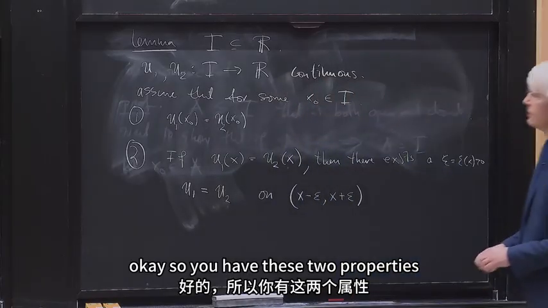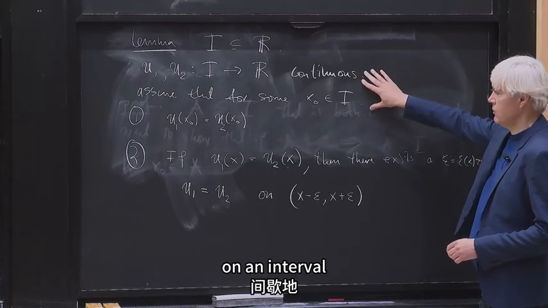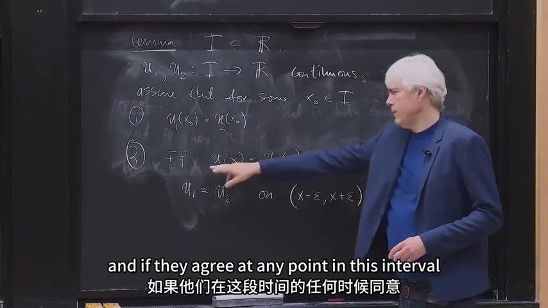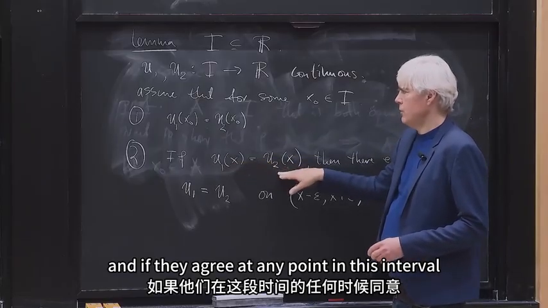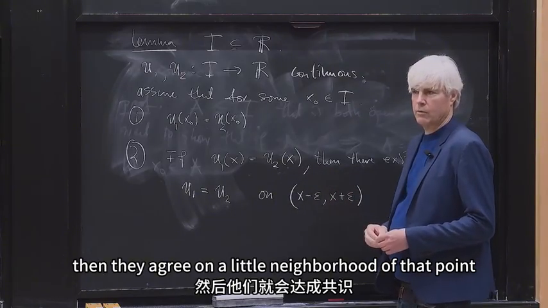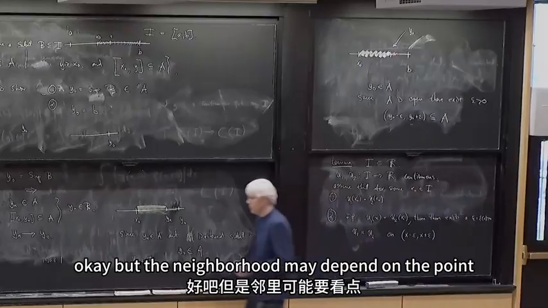So you have two continuous functions on an interval. They agree at one point, and if they agree at any point in this interval, then they agree on a little neighborhood of that point, but the neighborhood may depend on the point.